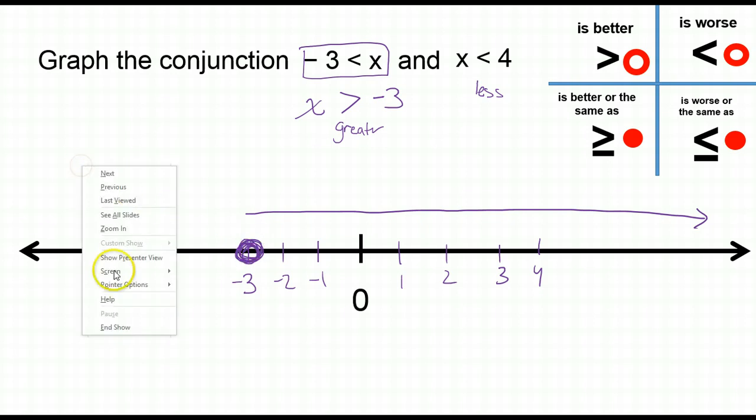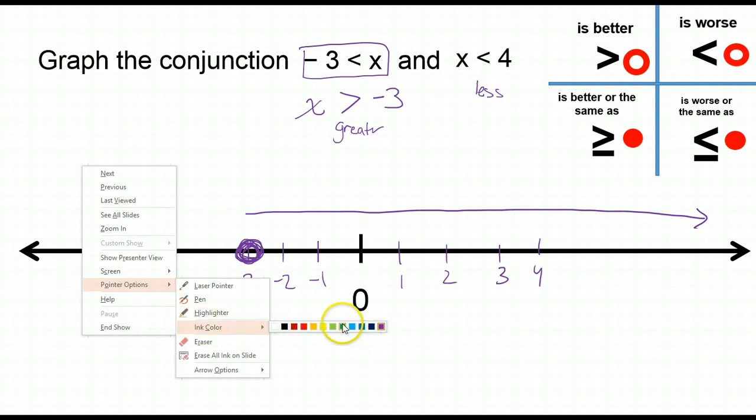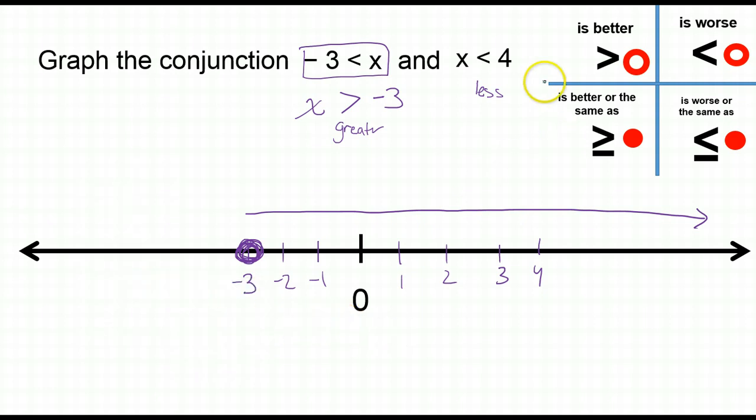Let's pick a different color for our next point. I'm feeling green. All right, so 4. Open or closed circle on 4? Open. So open circle. And what are some numbers less than 4? Well, 3 comes to mind, and 2, and 1.